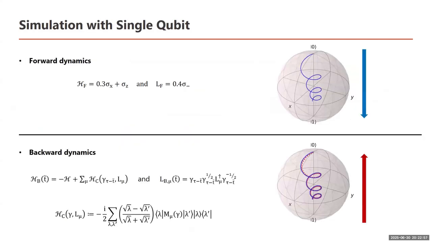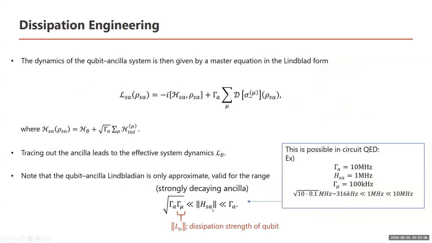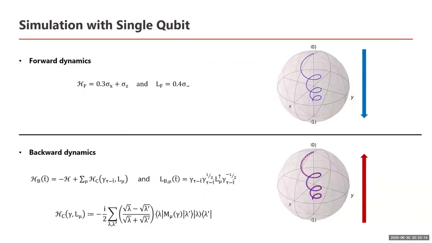And also my advisor simulated this, and as I said earlier, the ancilla dissipation rate should be much stronger, and we checked whether that is right.